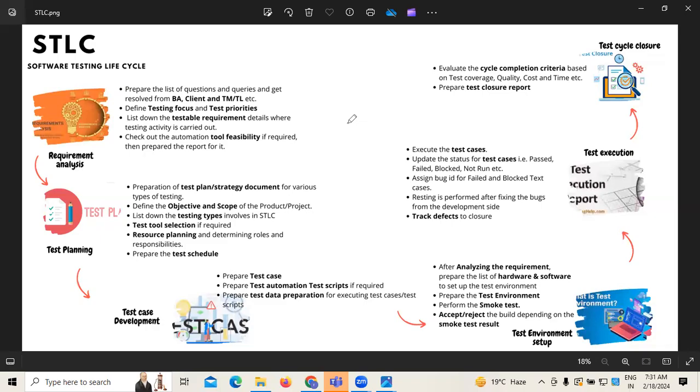Once we have done with test planning, the next is test case development. This is where test cases will be prepared. These test cases are almost similar to the use cases we have seen in development.